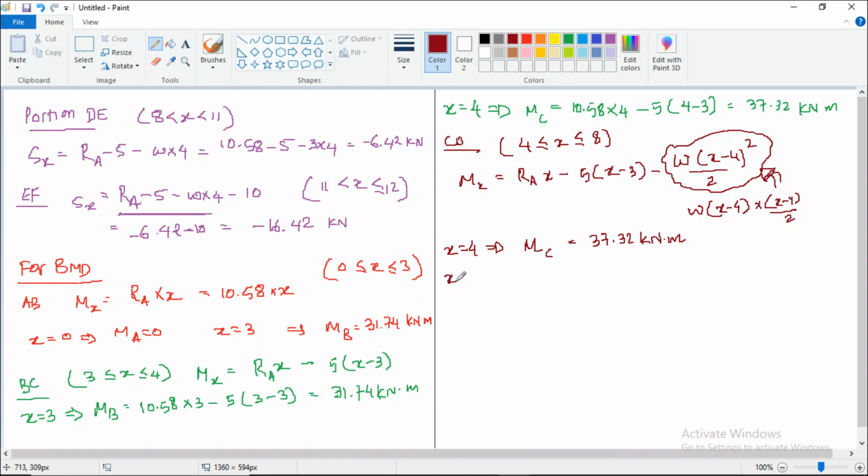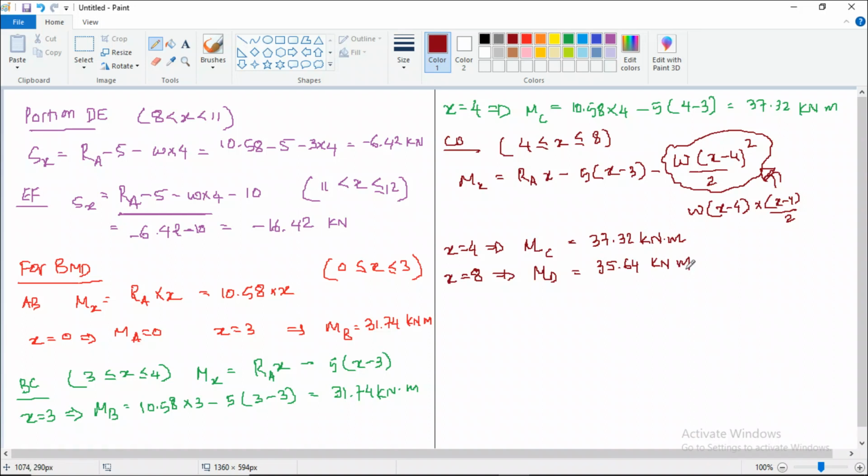And if you put x equal to 8 in the same equation above, you will get the moment at point D, which comes out to be around 35.64 kilonewton meter.